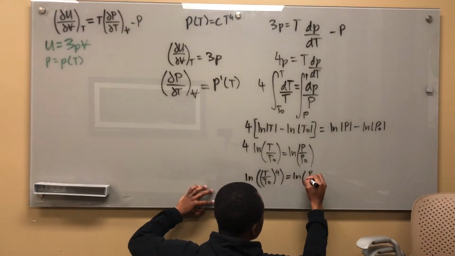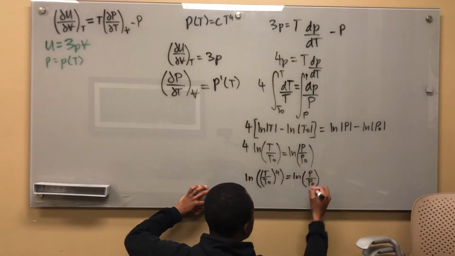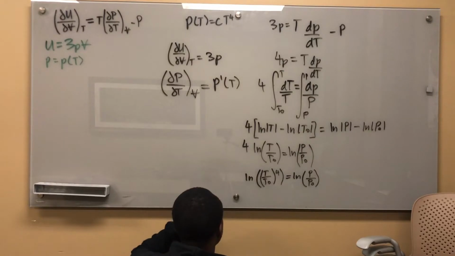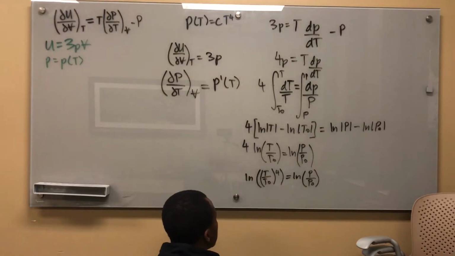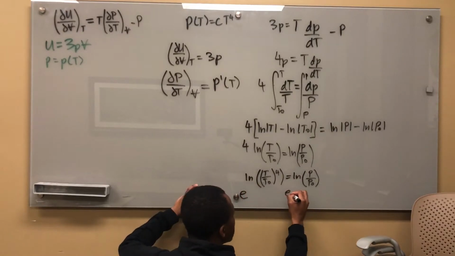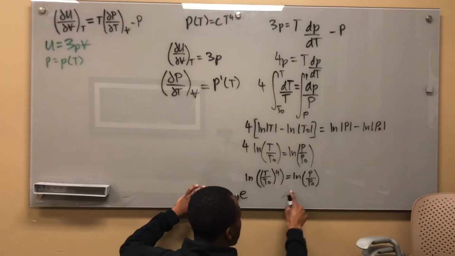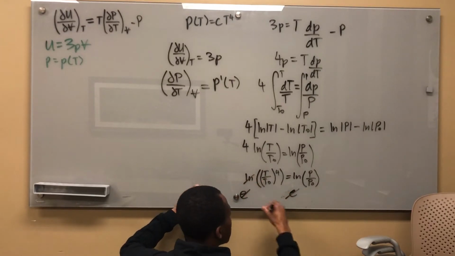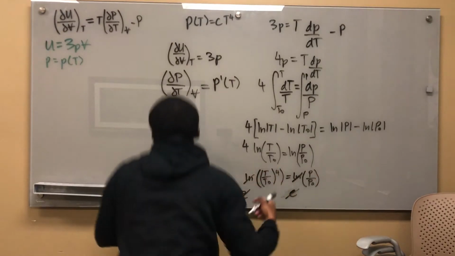Is equal to this. Okay. Now I'm going to raise both of these to the e power, or I'm going to take e raised to both of these. So once I do that, e cancels out with ln, e cancels out with ln, so I'm left with this.